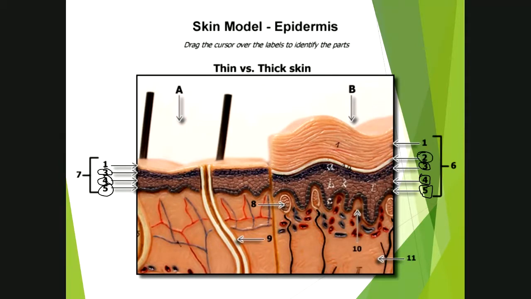And then finally, corneum. Any questions about any of that? Should be able to do the same thing here. Here's thin, and here's thick. And we should be able to go through and pick out all the individual layers from here to here, and from here to here.